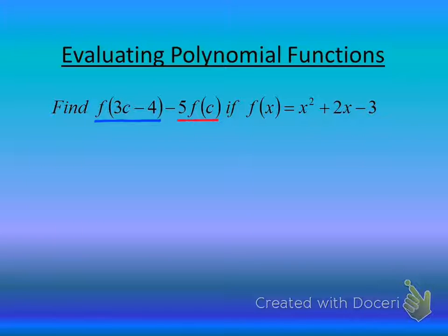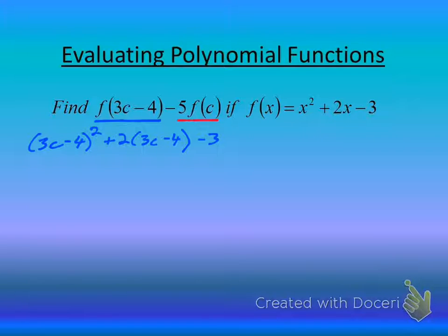So, we'll do this part first. Parentheses, 3c minus 4 squared plus 2 times 3c minus 4, parentheses, minus 3.